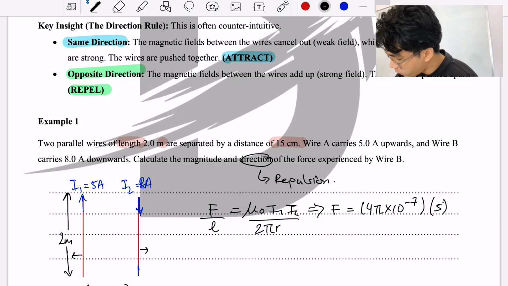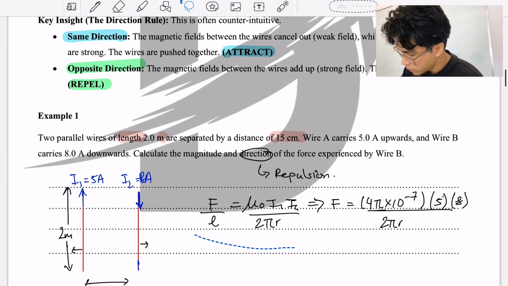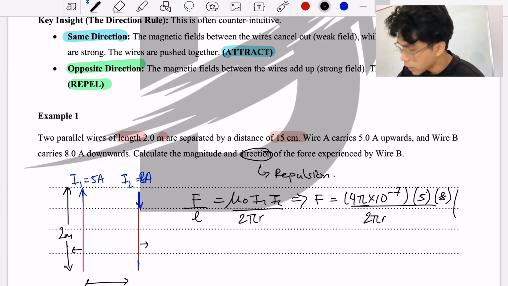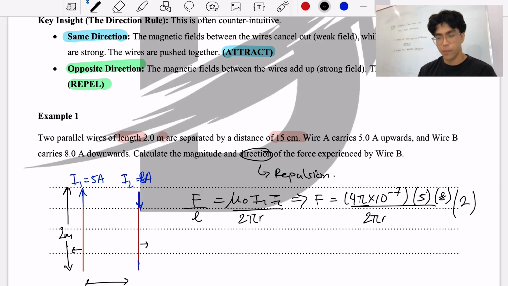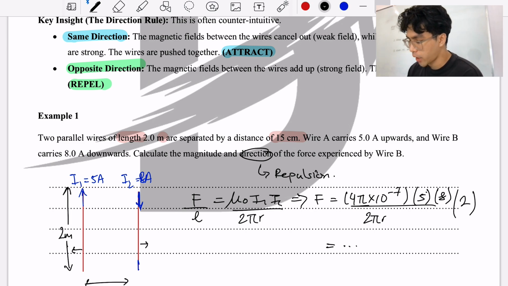I1 we said is 5, I2 is 8, divided by 2 pi r. Now don't forget L, the common length. They're both 2 meters, so we just multiply by 2. Like I said, you can plug it in yourselves. Newtons.